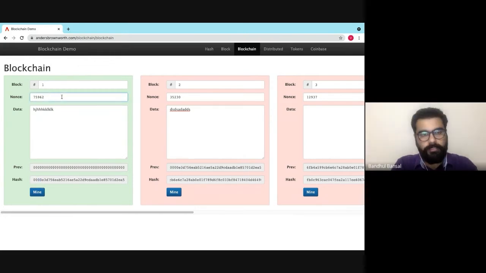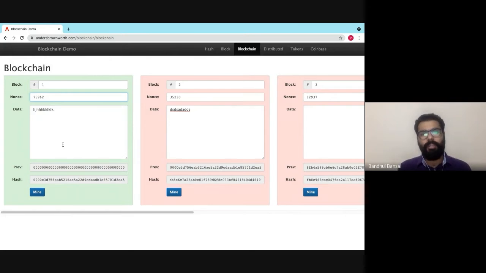So what miners have to do is guess the nonce value of this. If I keep changing the nonce, the value will keep on changing, right? And if I can enter the correct value, which generates the correct hash, that particular nonce is what miners have to guess when it comes to mining the block in the chain.